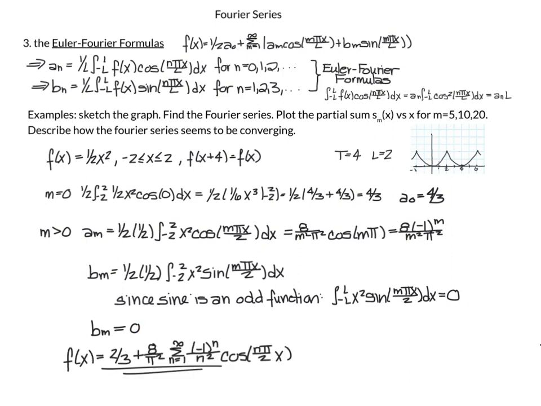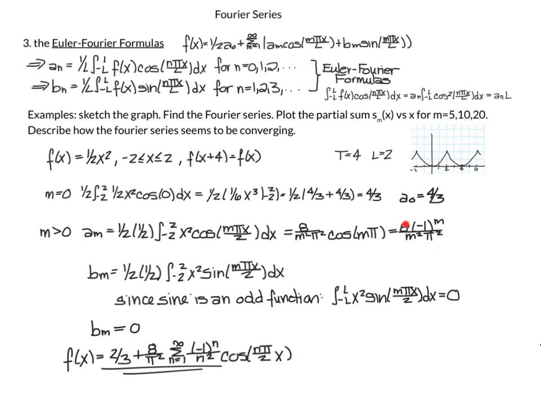And now I can plug everything into my formula here for my function f of x, which is 1/2 x squared, we're approximating that function, is equal to 1/2 a naught, which is 2/3, plus, and now we're going to sum our a_m times cosine m pi x over L. So here's our a_m, and we're going to multiply it times cosine m pi x over L. So here I have cosine, now I use my index of n, so I have cosine n pi x over L, and L is equal to 2.